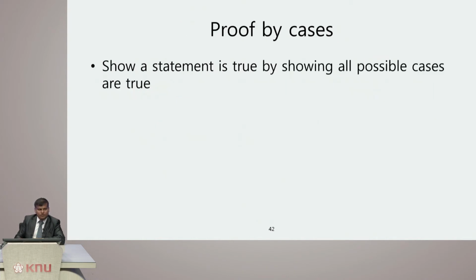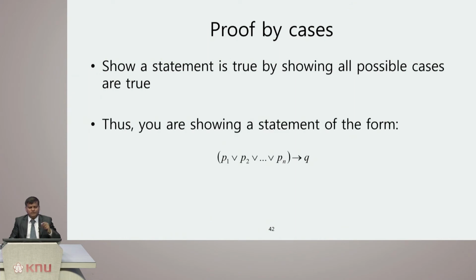Show a statement is true by showing all possible cases. Proof by case, as the word suggests, means that we have to show it for each and every case. It's very interesting, right? You have come across this in one of our previous parts.